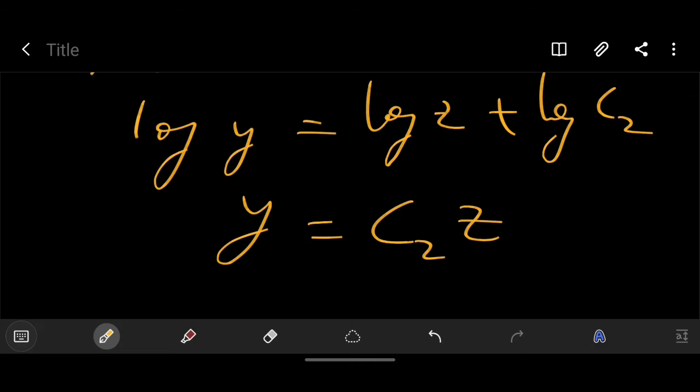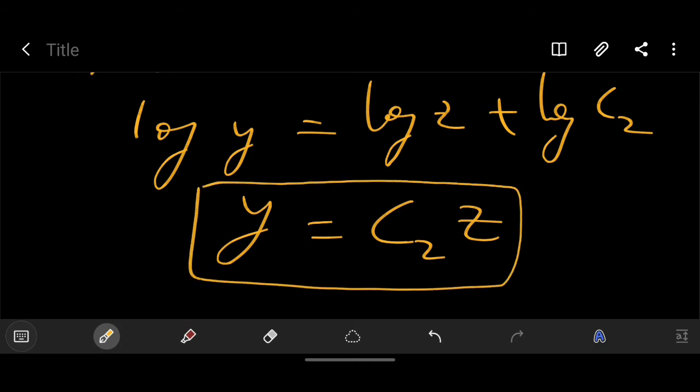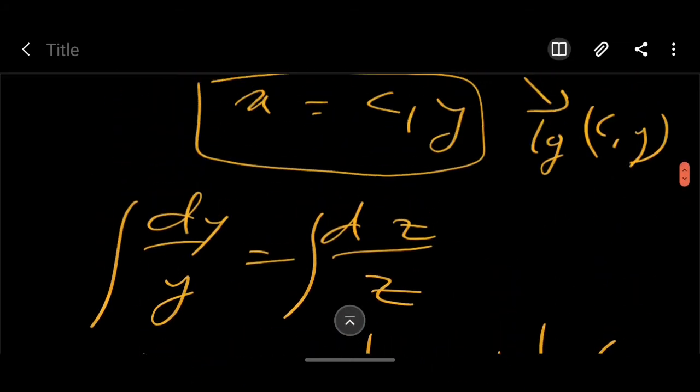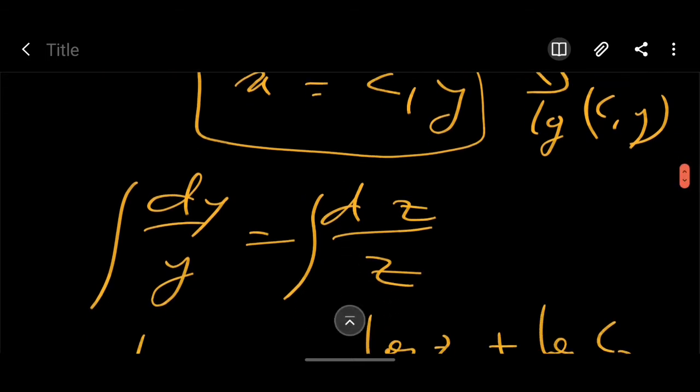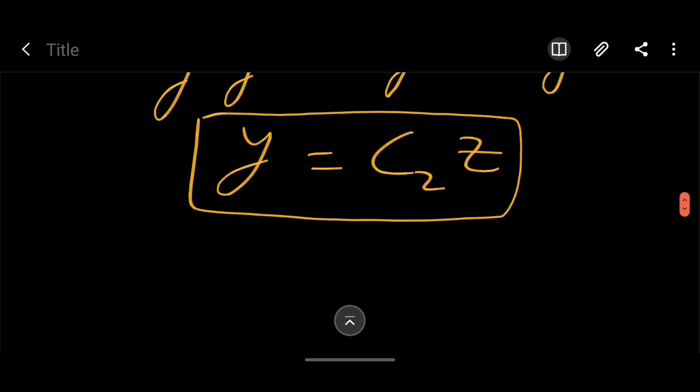These two equations, x equals c1 y and y equals c2 z, are the required solution. So x is c1 y and y is c2 z. From this, if we want, we can also find the value of z by substituting the required ones. That would be all. It is very easy to solve this kind of simultaneous differential equation.